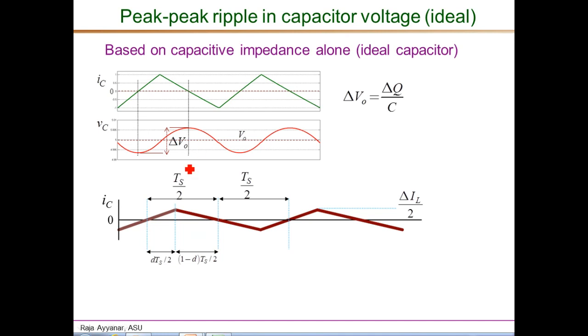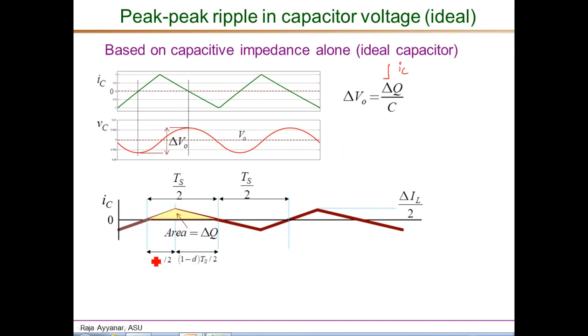The area under this positive portion is what causes the delta V naught. The integral of the current, or essentially the charge, causes this voltage increase, so delta V naught is really delta Q, the area under the current waveform, over C, or the integral of IC during that period divided by C.